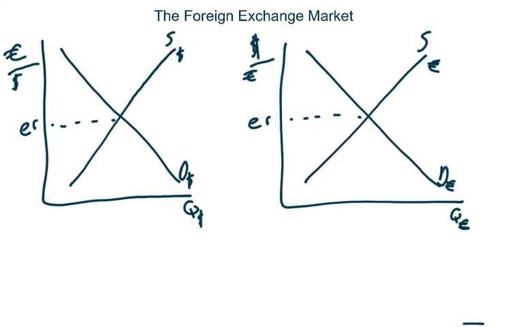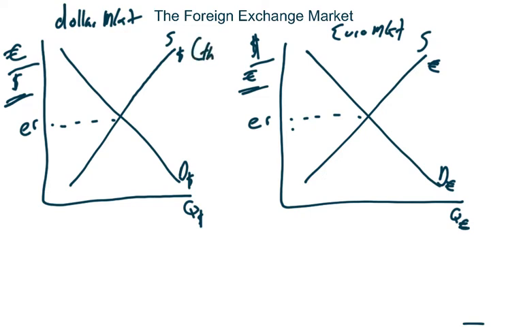So, first of all, whatever we see as the denominator is going to determine the market. So this is the dollar market, and this over here will be the euro market. The supply of the dollar, who supplies the dollar? Well, of course, the US does. And the demand of the dollar, who demands the dollar?